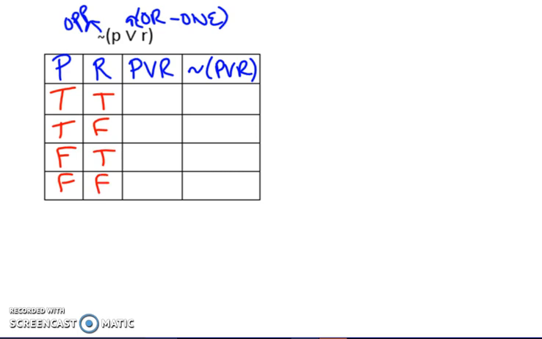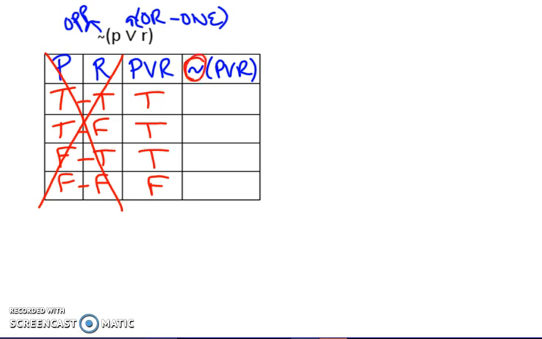Now, or means I need at least one. Well, if I look, these two is true, those two is true, those two is true, and that is false. Now, I don't need these anymore, so I'm going to cross them out, just so I don't accidentally look at the wrong column. Save yourself from making a careless mistake. Now, the last column, this symbol means it's the opposite.